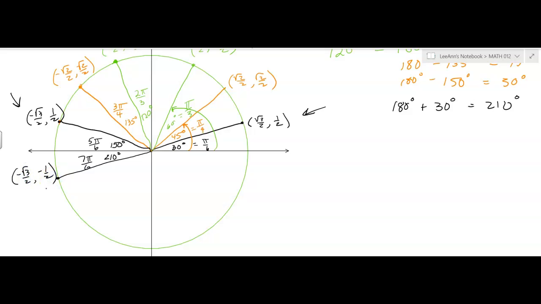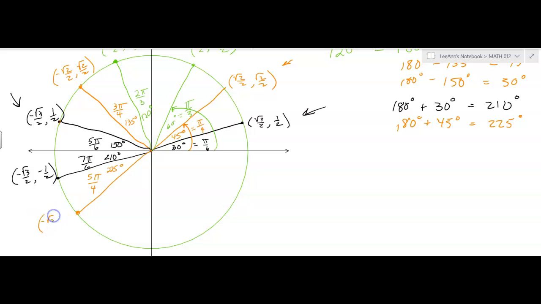Okay? Then we're going to have the one that has a reference angle of 45 degrees, which is going to be 180 plus 45, which is 225 degrees. And in radians, 5 pi over 4. It's going to have the reference angle 45 degrees. So it's the square root of 2 over 2, square root of 2 over 2, but they'll both be negative.